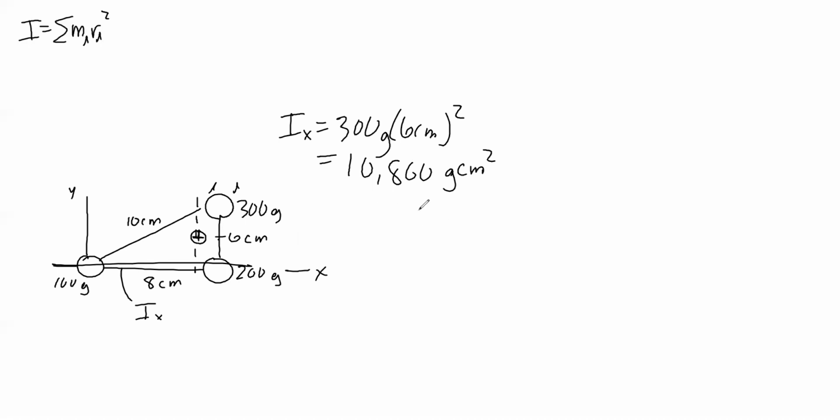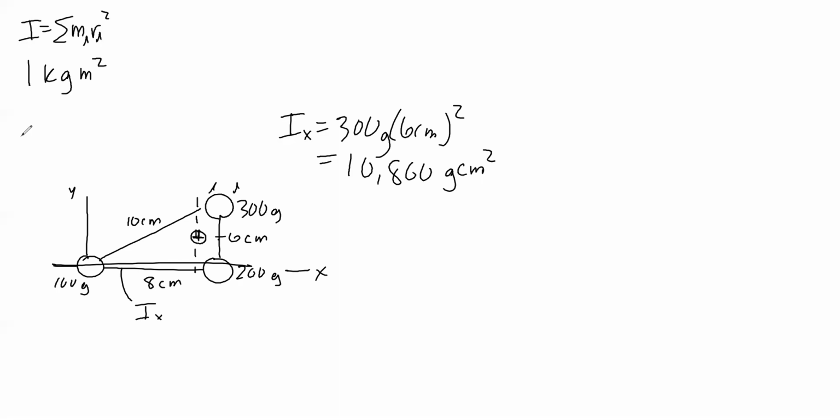A footnote on units: the SI unit of the moment of inertia is kilograms square meters. I wouldn't think too much about the physical interpretation of this unit. It's a kilogram square meter. Technically, it's just one of those units that makes the equation correct.